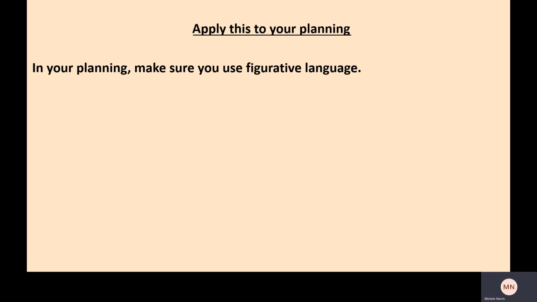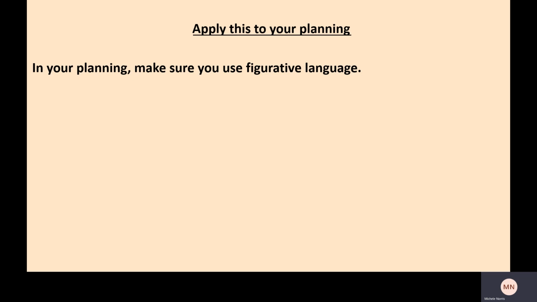Now, what I want you to do, as I said to you at the beginning of this video, you're going to be adding to your planning. So thinking about what you've already planned for, try to include some use of figurative language. You might have something that you might want to be symbolic of, maybe goodness or kindness.